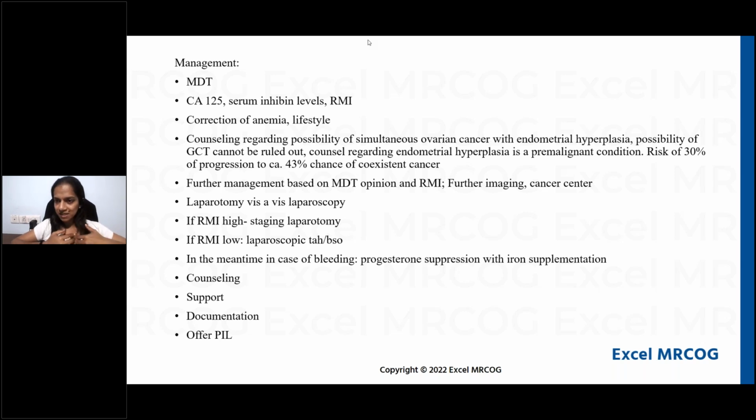But because of this typical history of unopposed estrogen bleeding and ovulatory type of bleeding, you would also ask for inhibin levels because of the ovarian mass. And then you would also calculate her RMI, based on her CA125 and the features of the ultrasound.